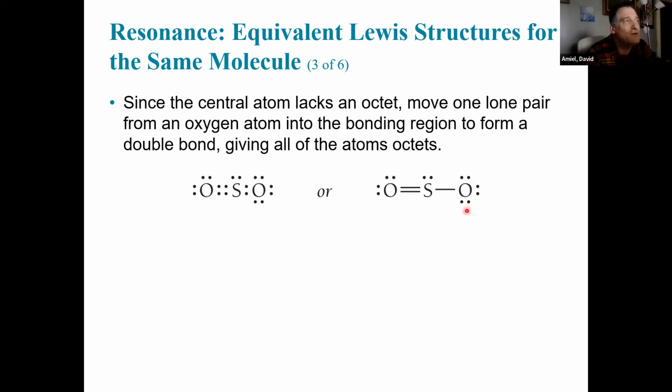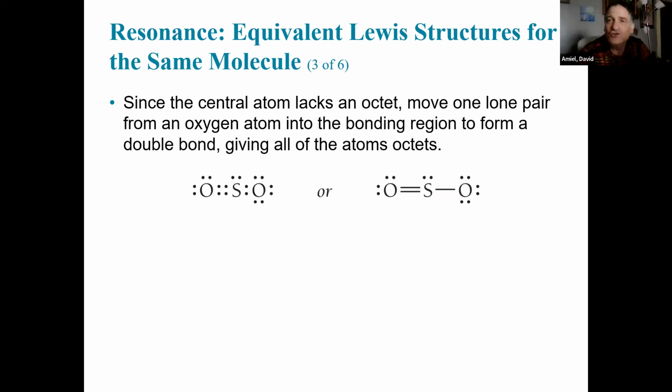This is an acceptable Lewis structure. However, there's another one that is equally valid, and that is if you take the double bond here and put it on the other oxygen atom. There are two equivalent Lewis structures.